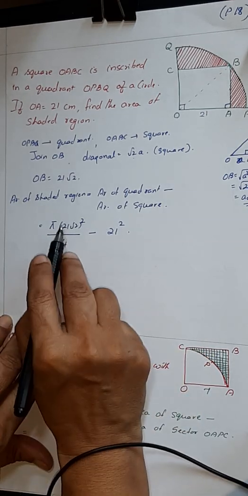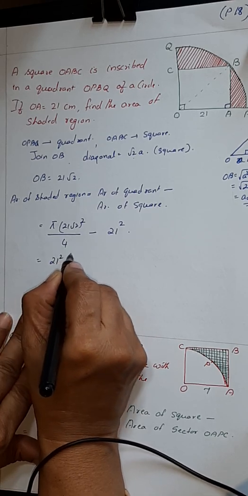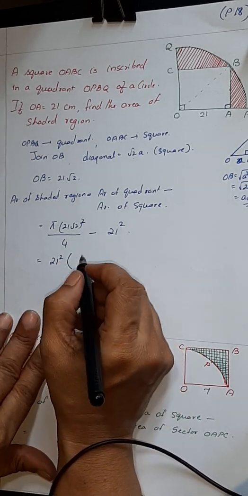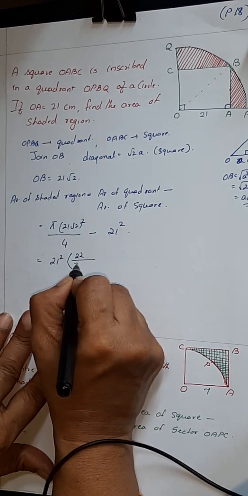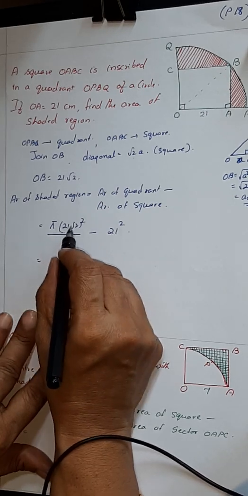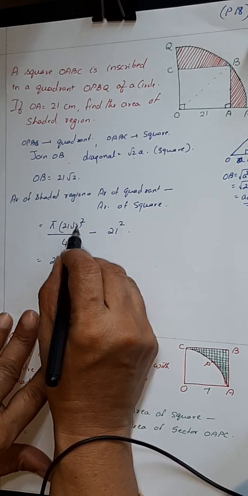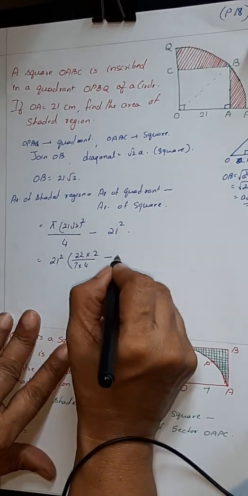So we will take out 21 squared so that our calculation becomes easier. So you are left with pi by 4, so 22 by 7, then 4 in the denominator, 21 squared has gone out. So here again root 2 the whole squared will be 2, minus 1.